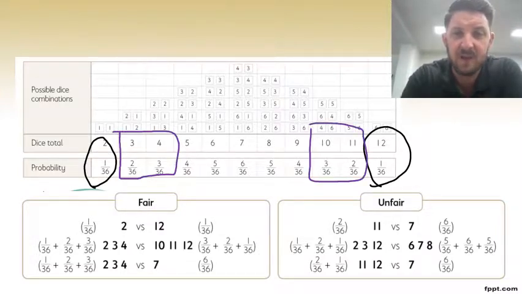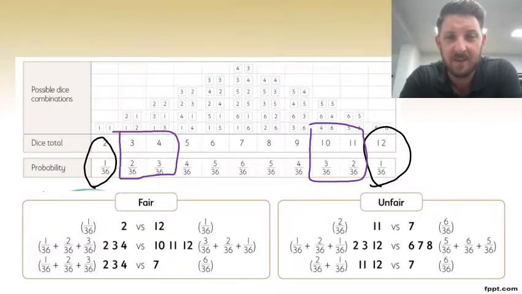We have 1, 2, and 3, and 3, 2, and 1. That makes 6 over 36 on both ends, so that would be fair as well. Then we have one that's a little bit unusual at the end, which is 2, 3, and 4 versus 7. 7 has 6 possible chances, and 2, 3, and 4 has 6 possible chances. So even though there are more numbers, we still have a fair chance.